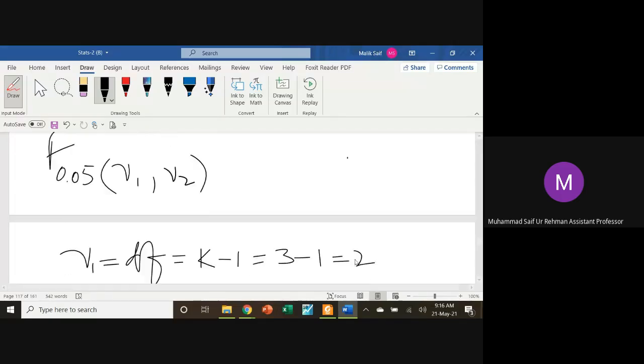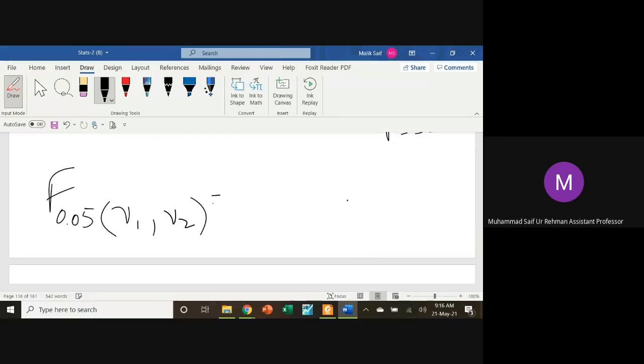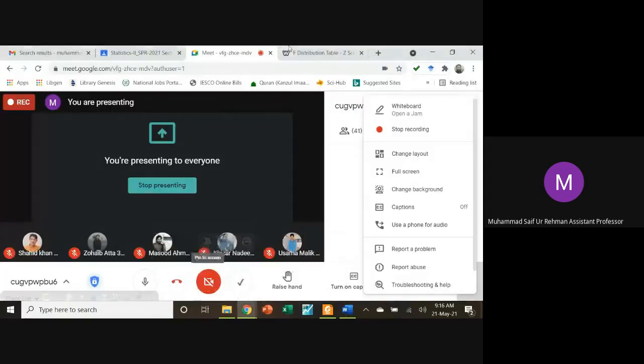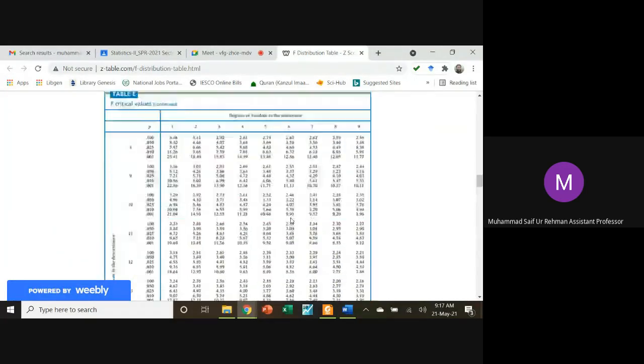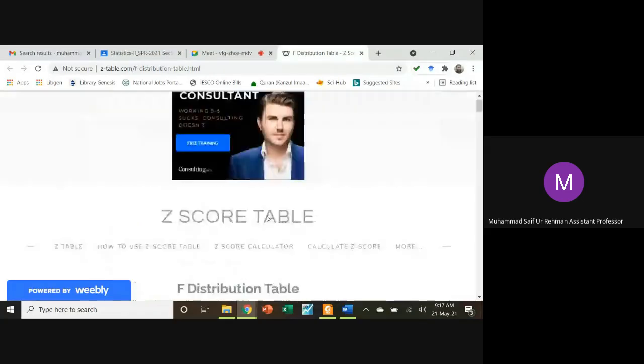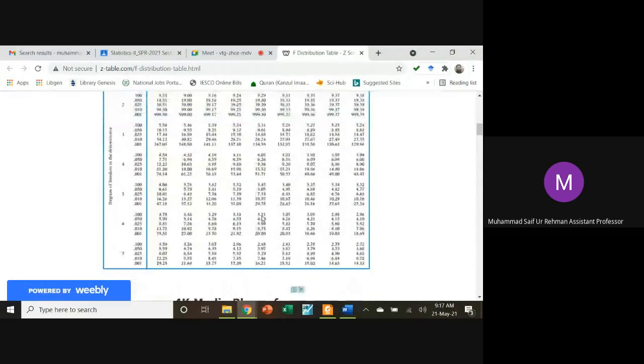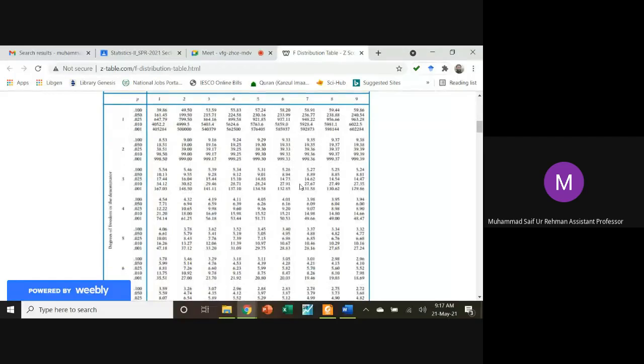So now you can see what will be the critical value when alpha is 0.05. Nu 1 is 2 and nu 2 is 9. So this will be the critical value, and you can see this value from the table. If you come over here, tables are there, and you have to move to the relevant table, 2 and 9.